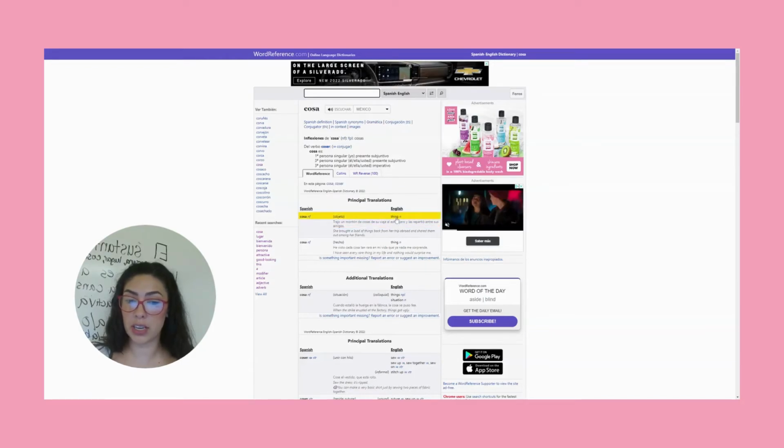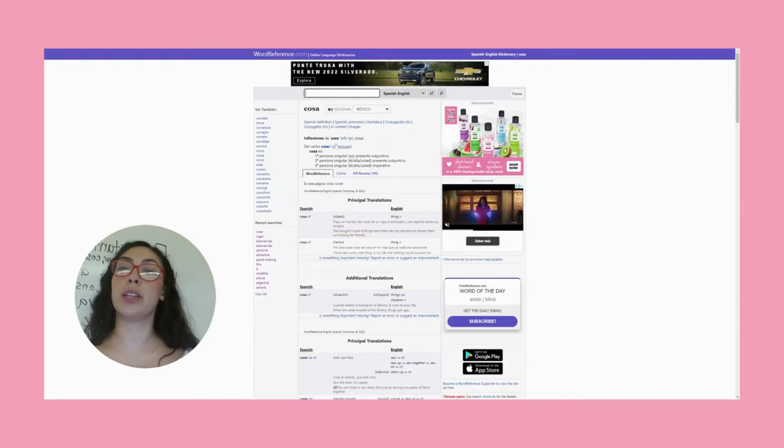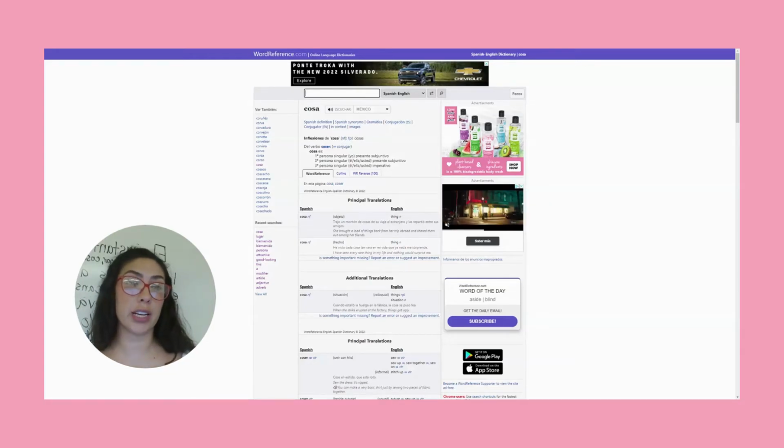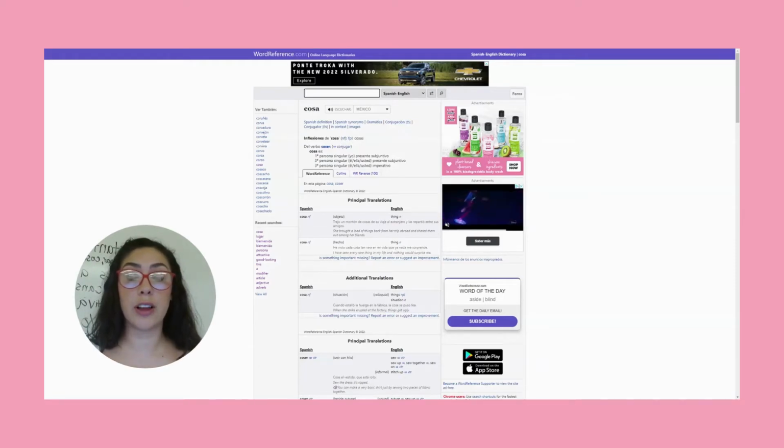Cosa, even though it just means thing, is a feminine noun. So I really recommend using WordReference if you see a free floating noun, or you're thinking about what you want to say in English and how to translate that into Spanish.